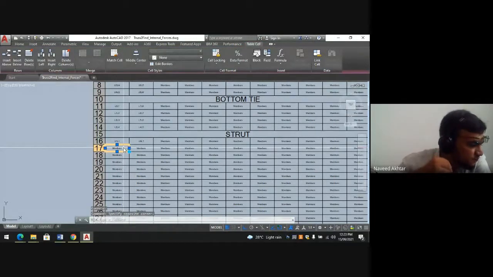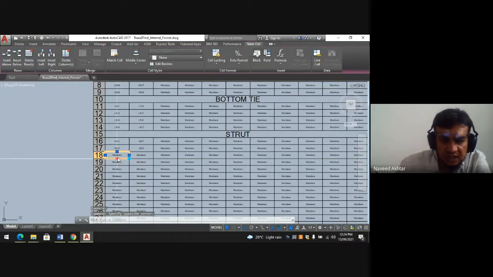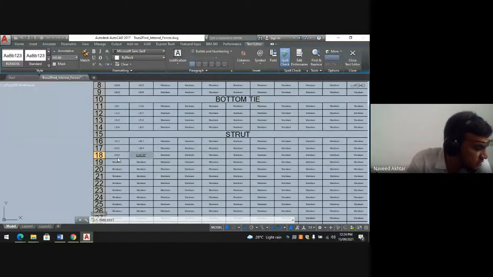Similarly, U2 L2 is the same as U8 L6. Similarly, U3 L3 is the same as U7 L5.